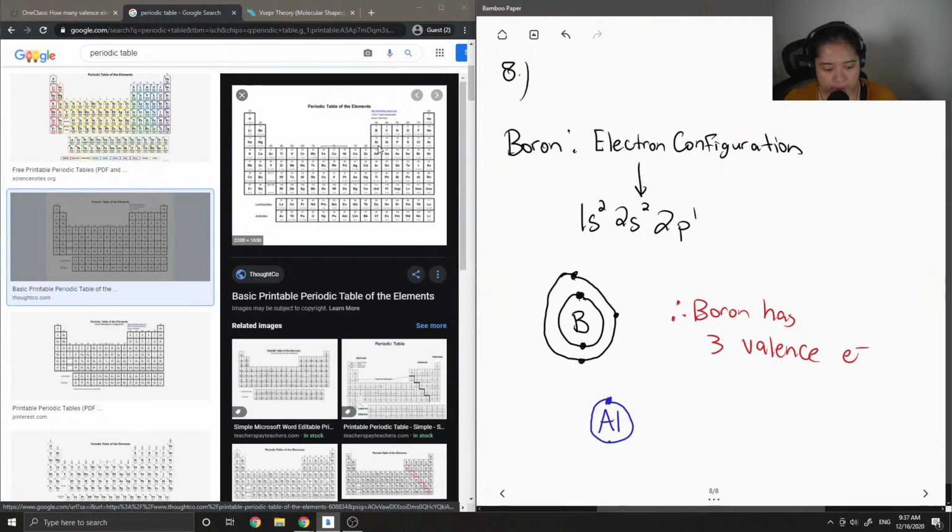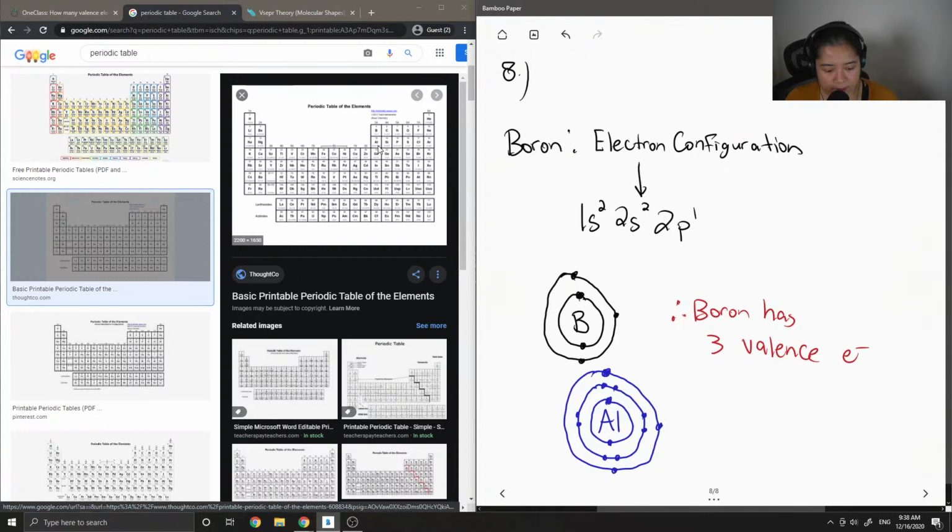So again, it will have 2 electrons on the most inner shell, and then it's going to have 8 in the middle. So that's 10, but aluminum has 13.